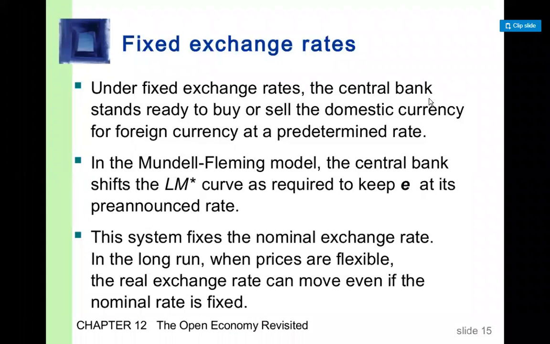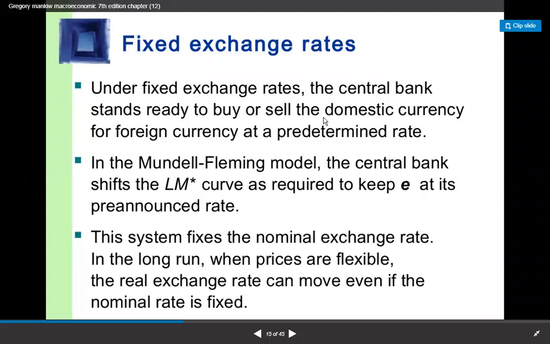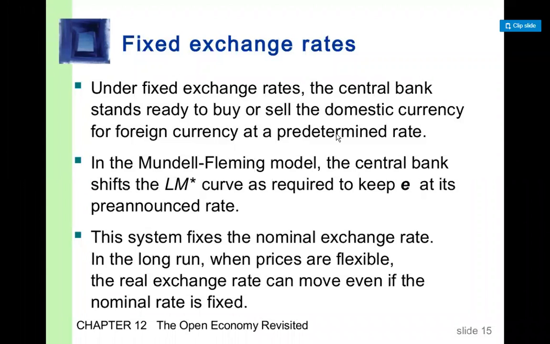For example, the state bank fixes that 150 rupees equal $1. That is the fixed exchange rate for a long time period, for 1 year.